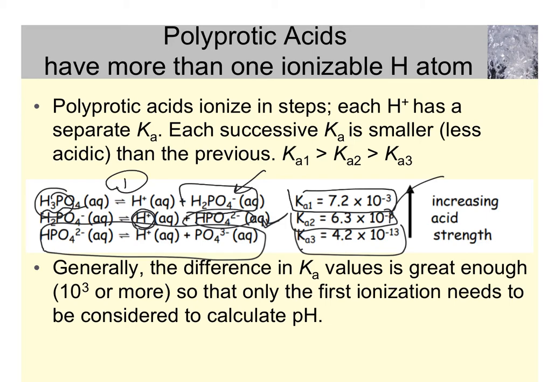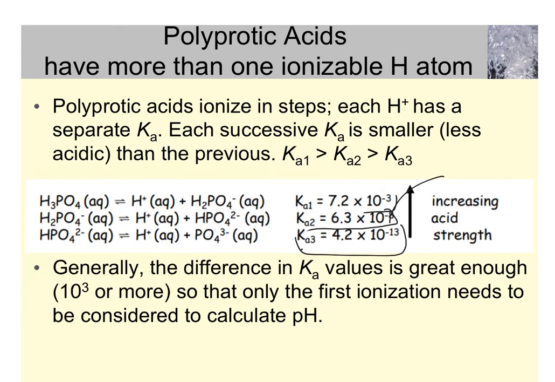So how do we calculate pH for substances that are polyprotic? Well, lucky for us, most of the time there is a large enough difference between the first ionization equilibrium constant and subsequent ones that we can ignore the later ones.